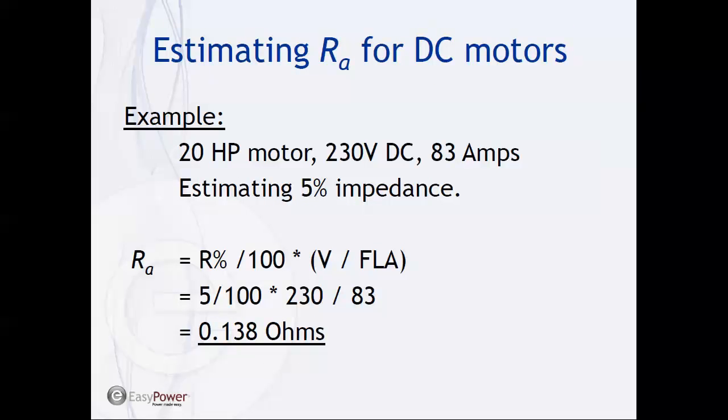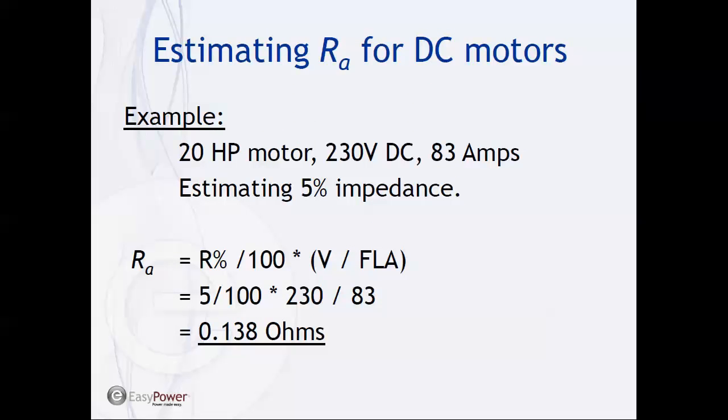So when we enter the motor information for resistance, we have to enter it in physical ohms. And the way we can calculate that is, for example, in this case, if we have a 20 horsepower motor at 230 volts and with a rated full load amps of 83 amps, we could probably start off by estimating a 5% impedance based on the previous graph.